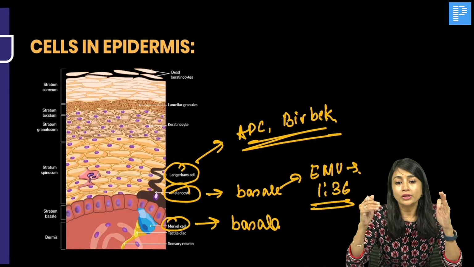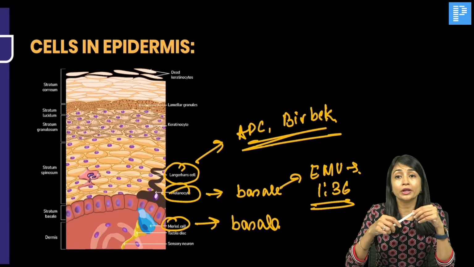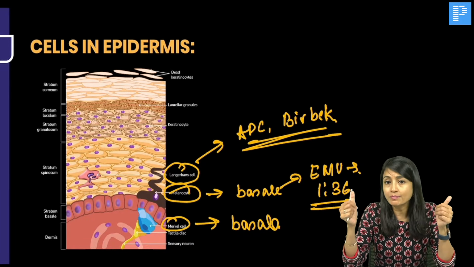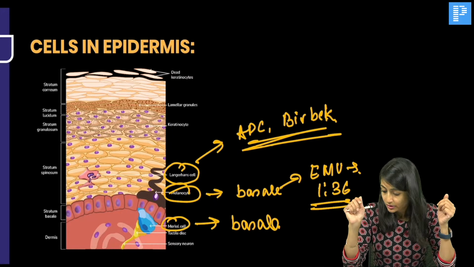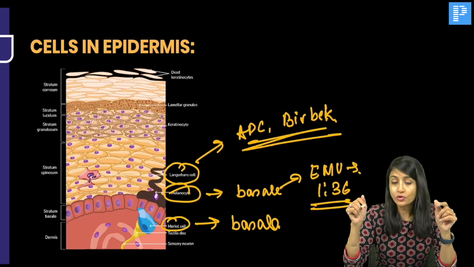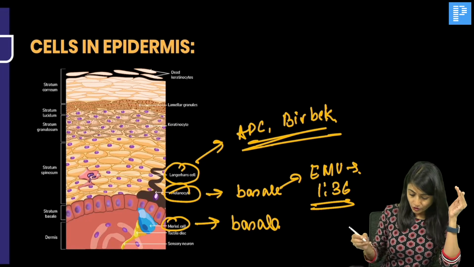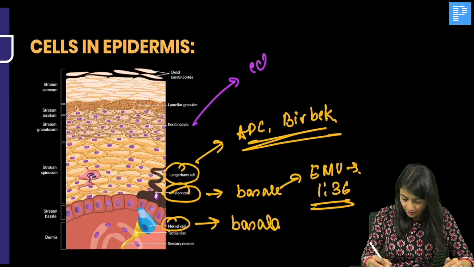Clear? So, these 4 cells, you should be knowing their location, and also their origin. Where is melanocyte derived from? Very good. So, melanocyte is derived from neural crest, you are right. Keratinocyte is derived from ectoderm.